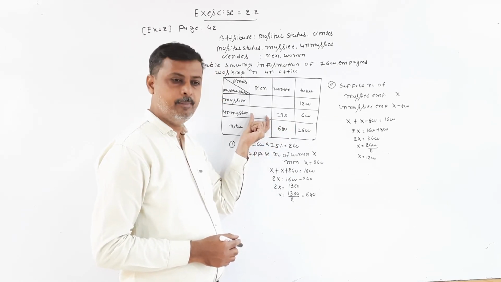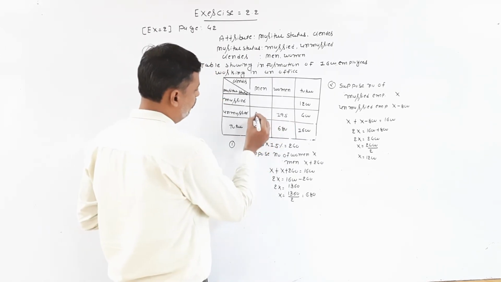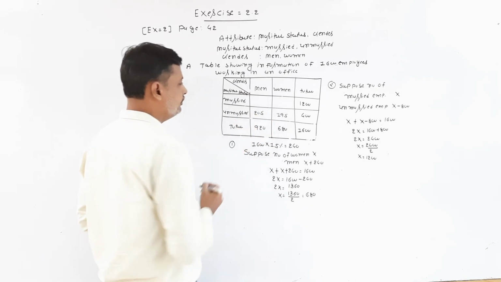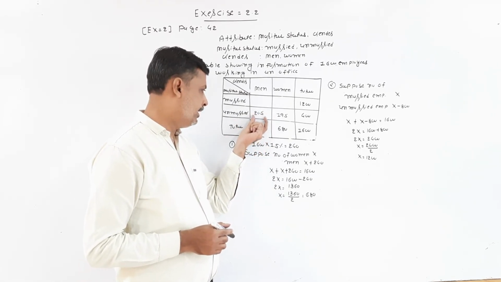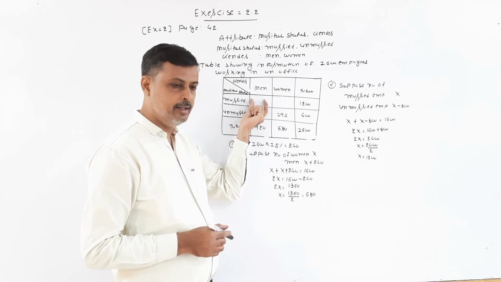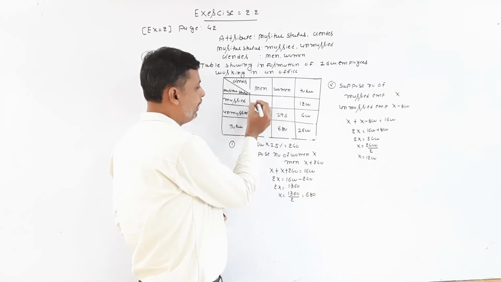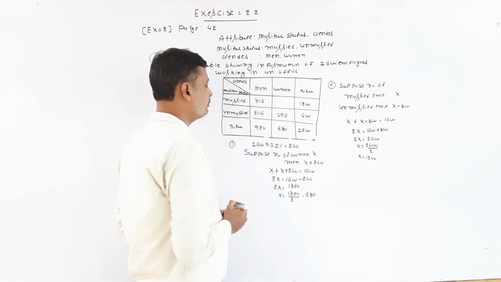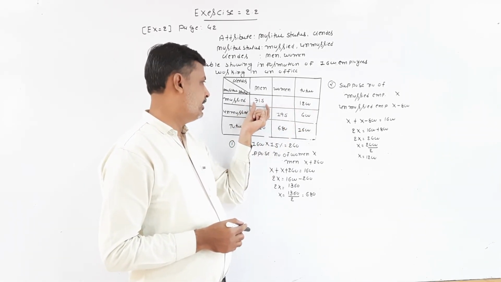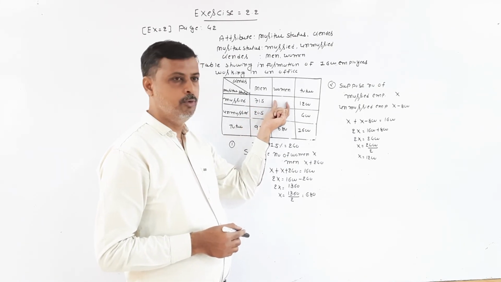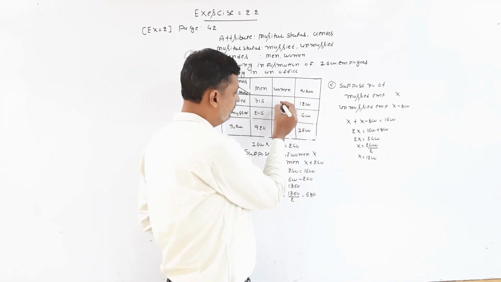So remaining are men, 205. Total men 920 minus 205. So married men 715. Total married 1200 and 715 men. So remaining women 485.